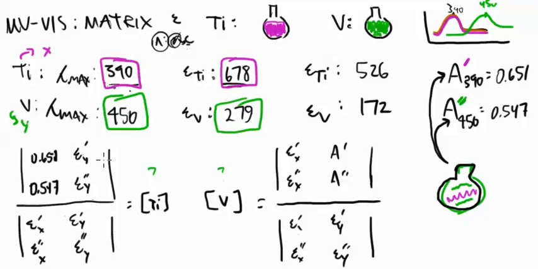Now I have to deal with all of these molar absorptivity numbers, right? This is molar absorptivity of Y at prime, molar absorptivity of Y at double prime, molar absorptivity of X at prime, and molar absorptivity of X at double prime. And you're probably scratching your head and wondering, well, where are all of these numbers going to be coming from? Well, we've already circled two of them. Right here they are. So this is molar absorptivity of titanium at titanium's wavelength, right?